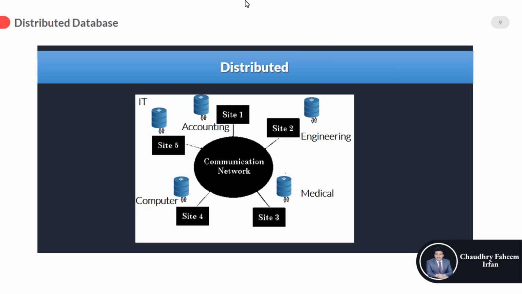A distributed database has many features according to its structure, and it is very good for an organization, as an organization can maintain data by using a distributed database. So our databases are here: accounting, engineering, medical, computer, IT. We can store data by using fragmentation or replication, so by using different techniques.